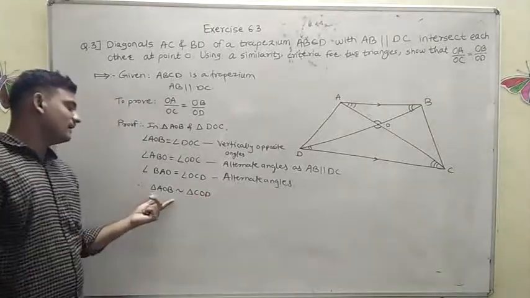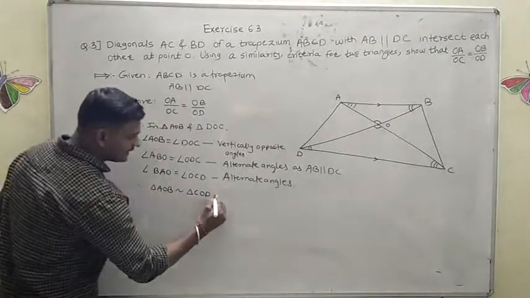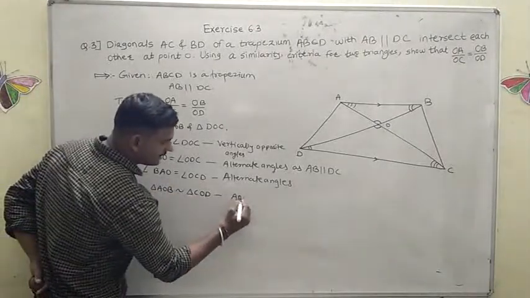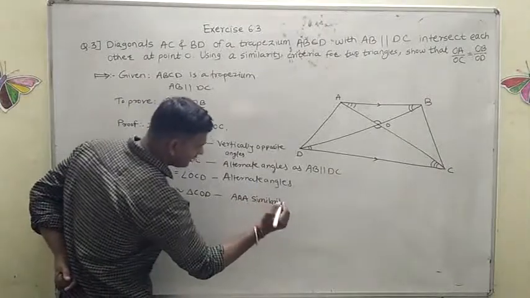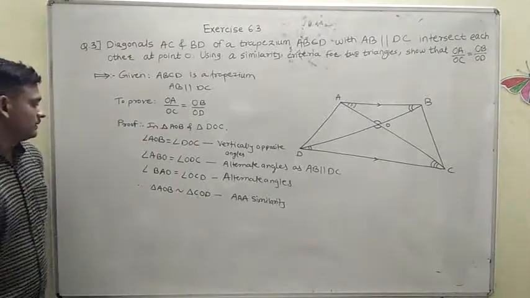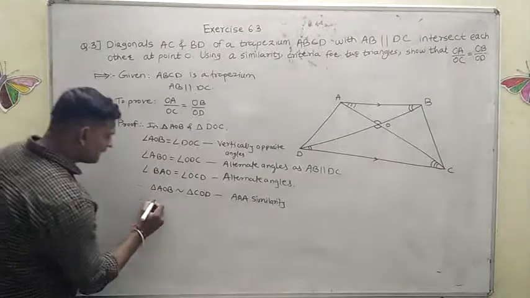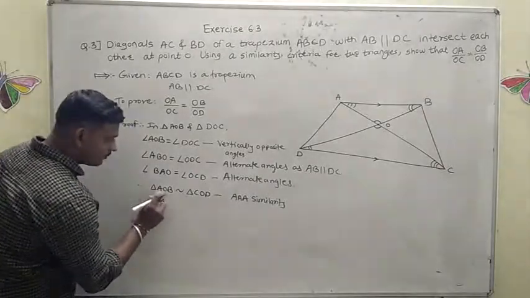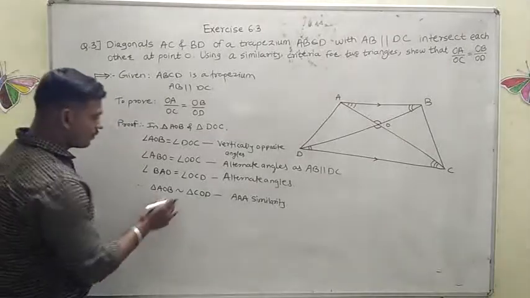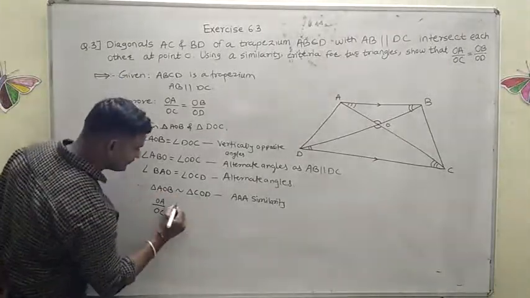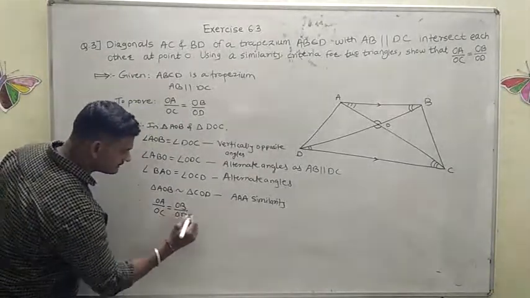D. Therefore, triangle AOB is similar to triangle COD, by triple A similarity criteria. Therefore, now I can write OA divided by OC is equal to OB divided by OD. What is the reason?